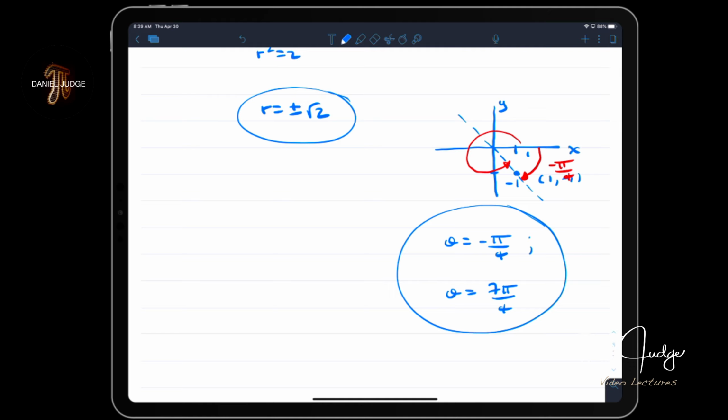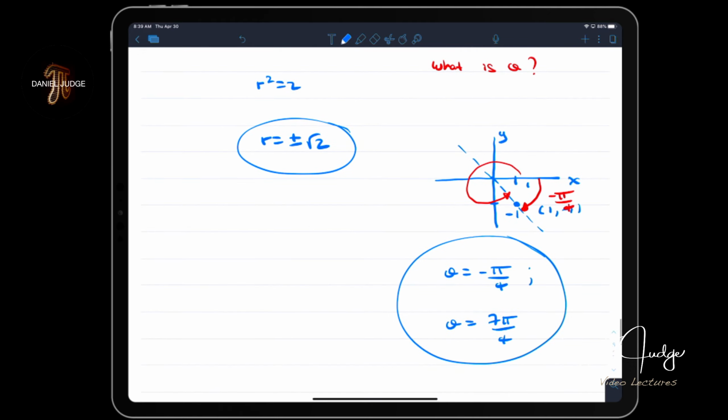Okay. But here is what I'm going to say now. What do we do with this information here? So what are you going to do with all this information?